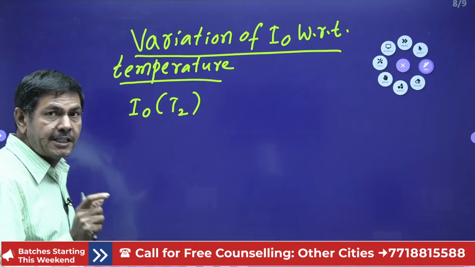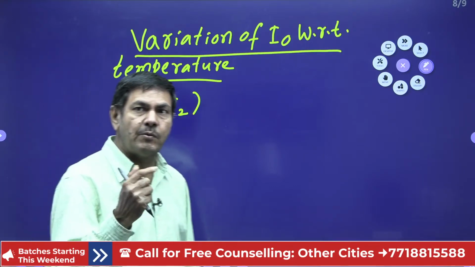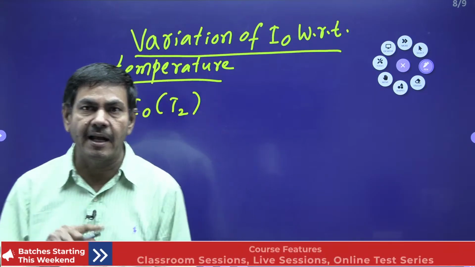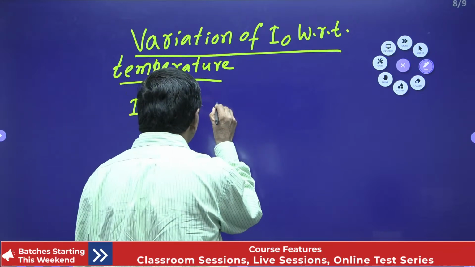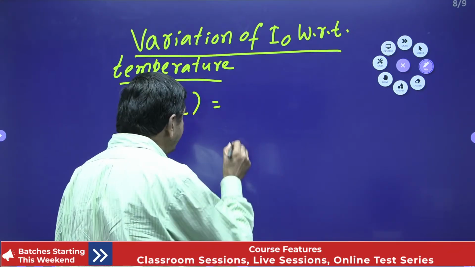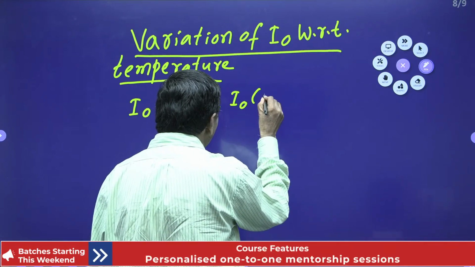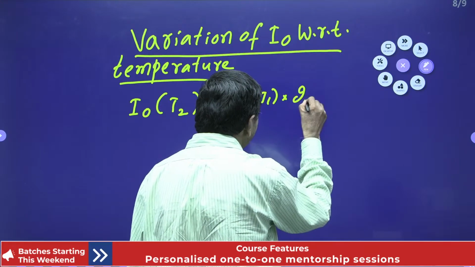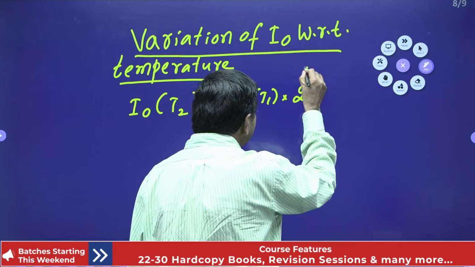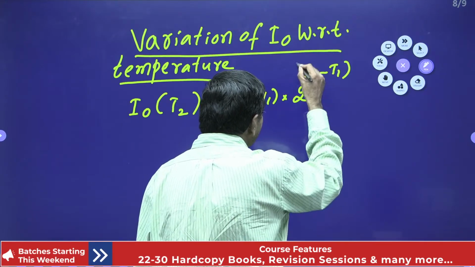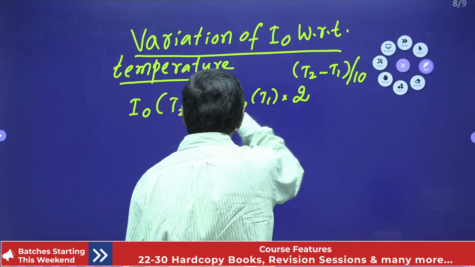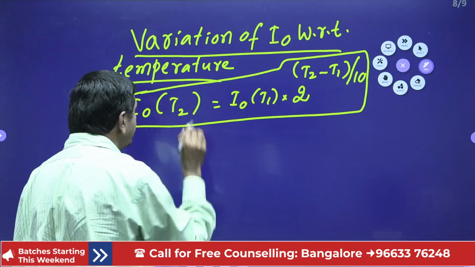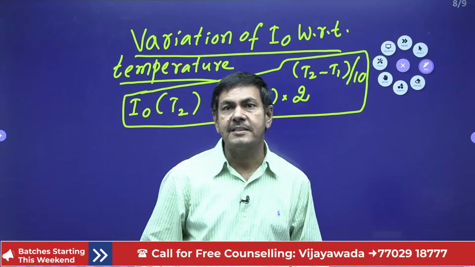When the temperature is initially T1 and it changes to temperature T2, the change of I naught is I naught of T2, calculated by the formula I naught at T1 into 2 power (T2 minus T1) by 10. By using this formula we determine the reverse saturation current at T2.